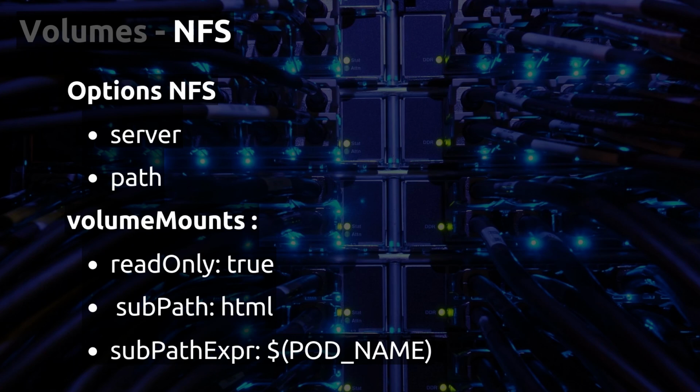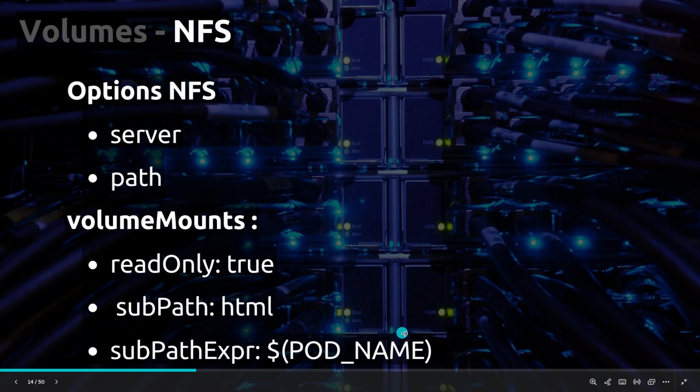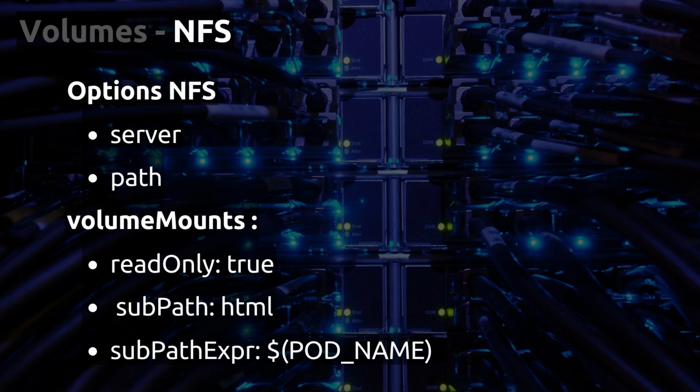You can set the subPath if you want, and you can set a subPathExpr based on the pod name, because in each pod you have some environment variables dedicated to Kubernetes information like the pod name.